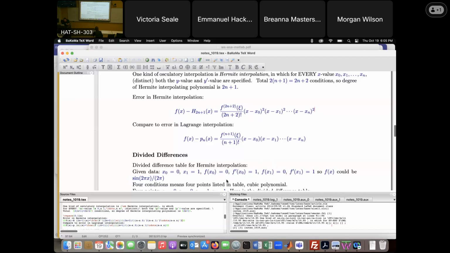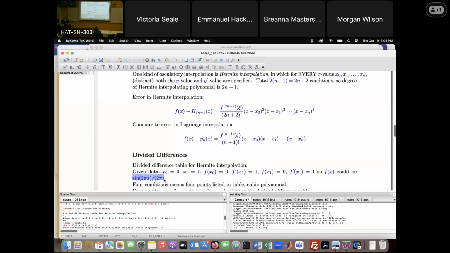Given the f and f prime values I've chosen, f is equal to 0 at both x values, and the derivative is equal to 1 at both x values. So this would be a function that actually satisfies all those conditions: sine 2 pi x all over 2 pi.